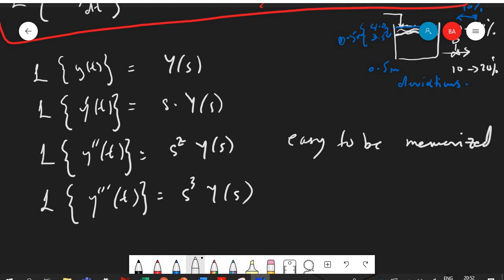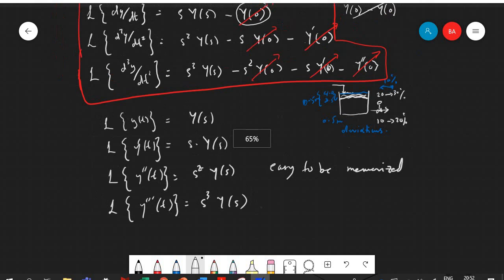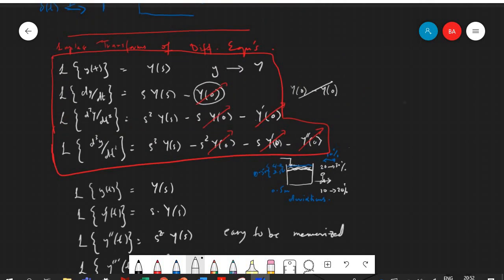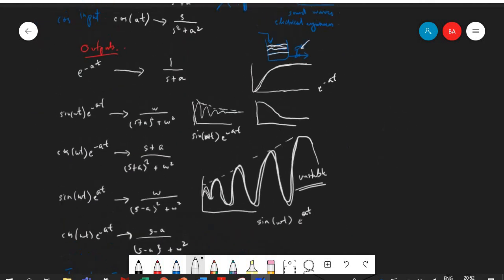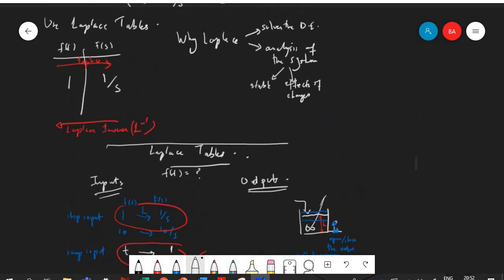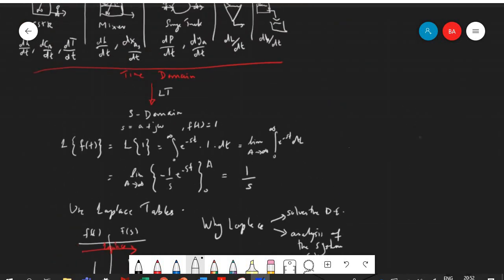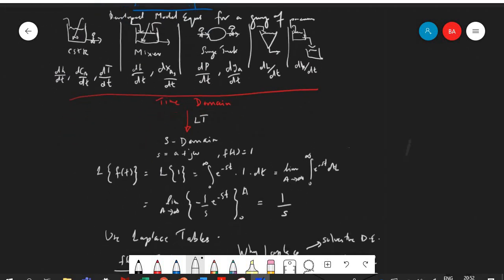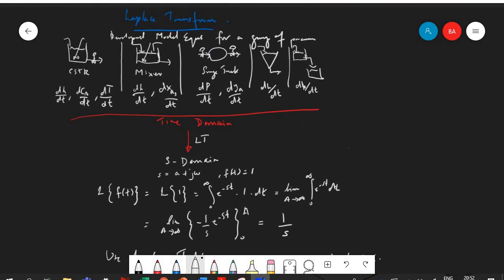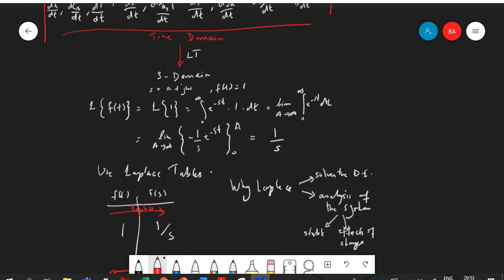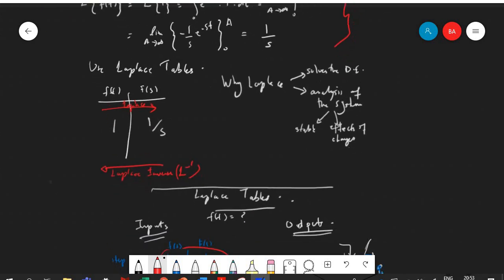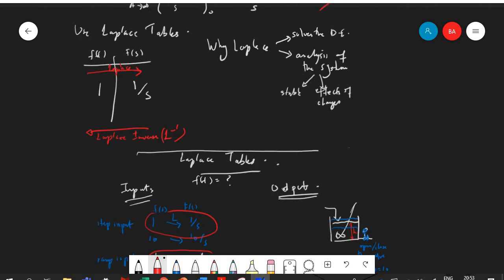We are going to use all of these Laplace terms in our problems. So I would expect you now to review this Laplace transform, where you're changing everything we have in the time domain to the s domain. We don't need to know the mathematics of it, but you need to know the main terms, even though you're going to have the Laplace table.